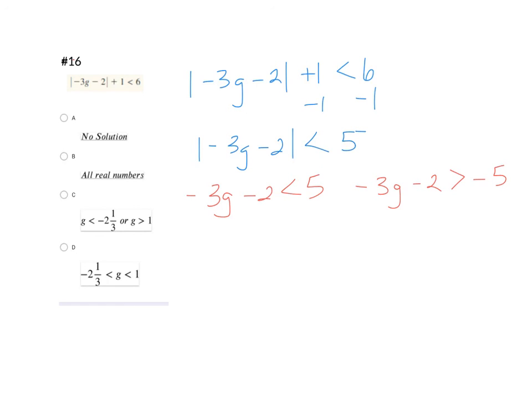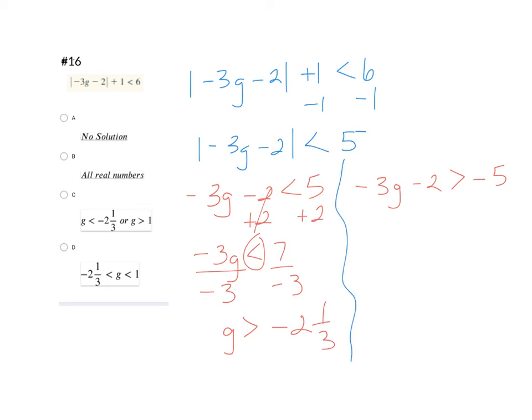I'm going to get rid of this minus 2 by adding 2 to both sides. That gives me negative 3g is less than 7. Divide both sides by negative 3. That gives me g, and we have to flip the inequality, is greater than negative 2 1/3.